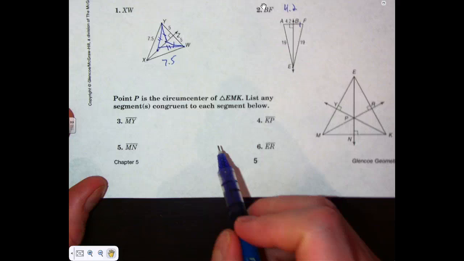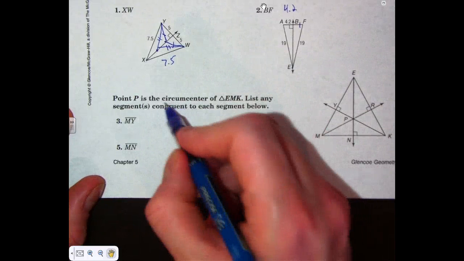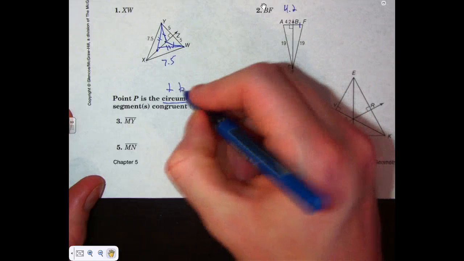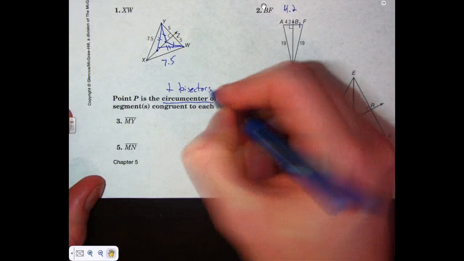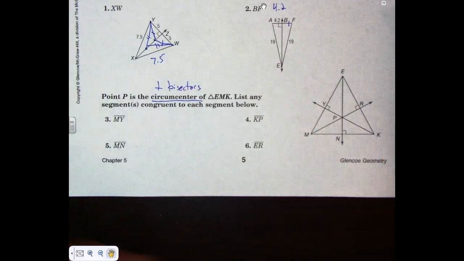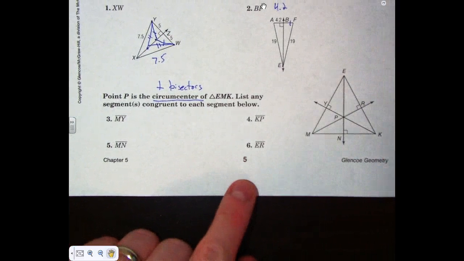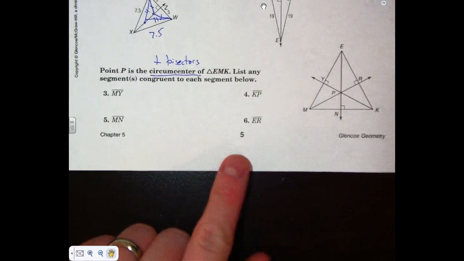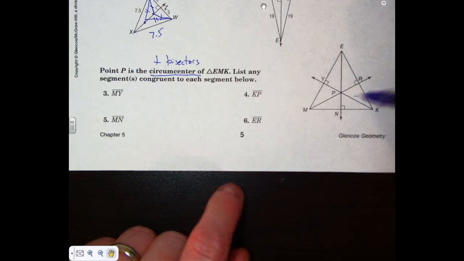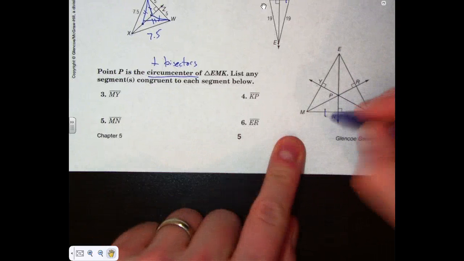On this one here, again, you have the circumcenter, which means you have the perpendicular bisectors. So if I look at the drawing, I know that these lines are all perpendicular to their sides, that's given, but they also bisect them.